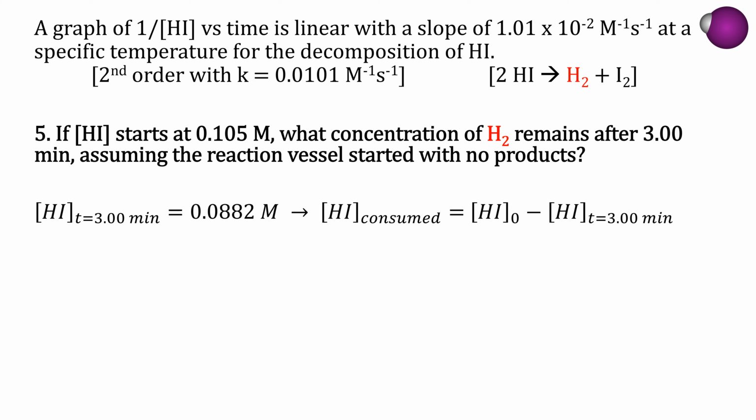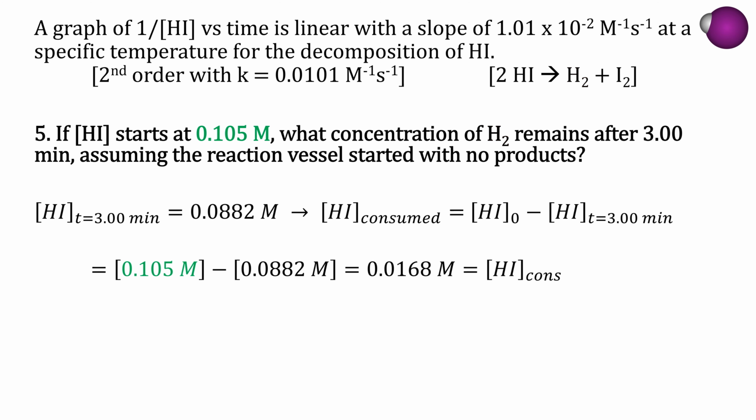So for this problem, I have to consider that my HI concentration at time of 3 minutes was equal to 0.0882 molarity from part 4, and therefore the quantity of HI that was consumed during this reaction was my initial concentration of 0.105 minus my concentration at time t. So I plug in 0.105 minus 0.0882, and I find that the quantity of HI consumed was 0.0168 molarity during those 3 minutes of reaction.